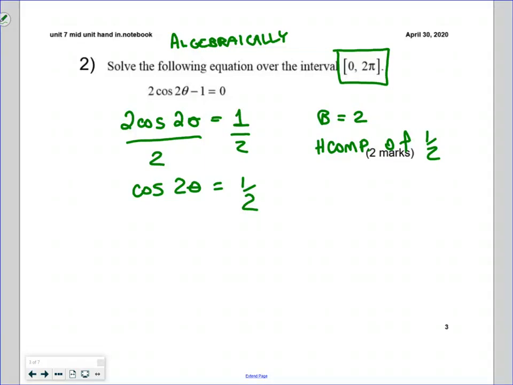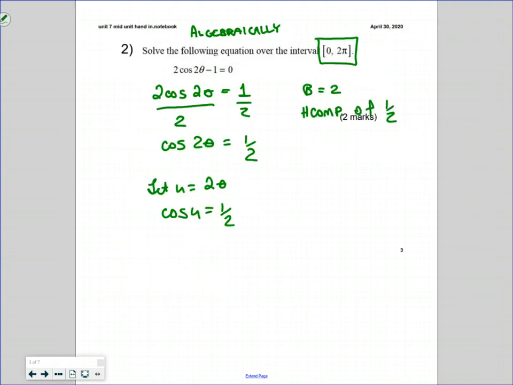So what you need to do here, and I set this up in a previous video, is pick a letter and substitute it in for the b value times theta and solve this question under normal conditions. So this would be cosine of u equals 1/2. So solve that first. We don't need a calculator for that.